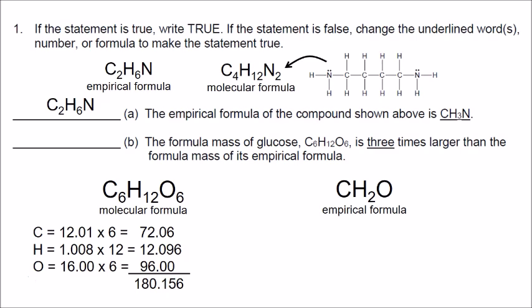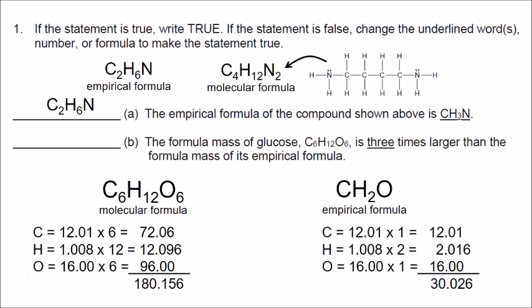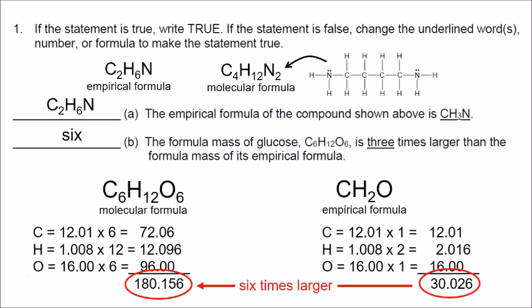If we do the same for the empirical formula, we get a formula mass of 30.026. So since the formula mass of glucose is actually 6 times larger than the formula mass of the empirical formula, statement B is false, and you should correct the underlined portion with the number 6.